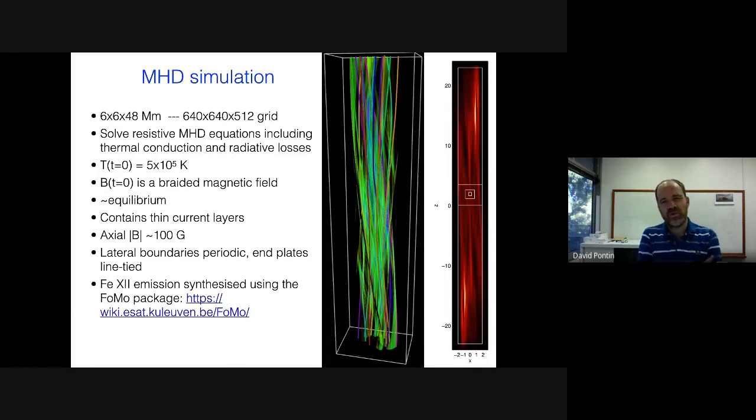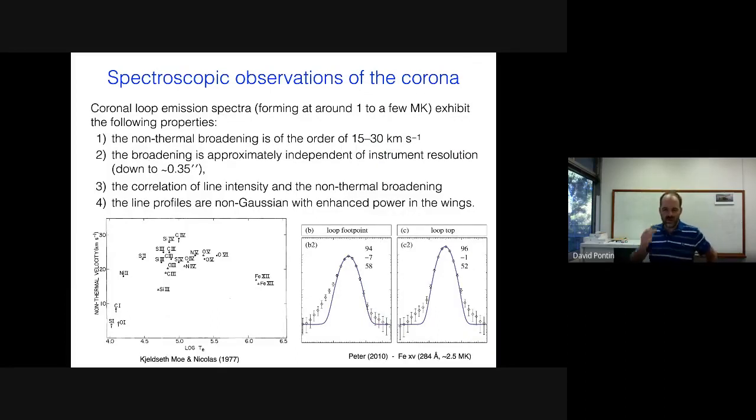Okay, so we've gone a little bit further in these simulations and tried to assess whether the spectroscopic properties we can synthesize from our simulation are consistent with the observations. So what should we expect? What are the characteristic properties of loop emission spectra? Well, typically in the corona, we observe a non-thermal broadening on the order of something like 15 to 30 kilometers per second, shown for different ions in the bottom left plot there.